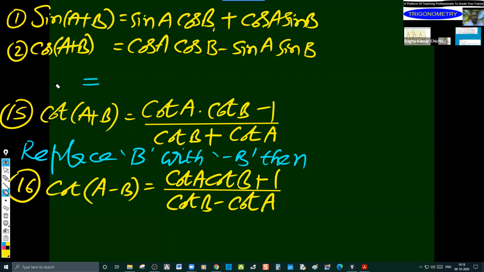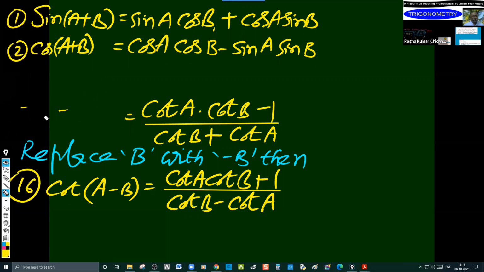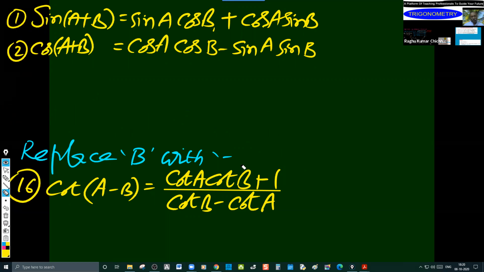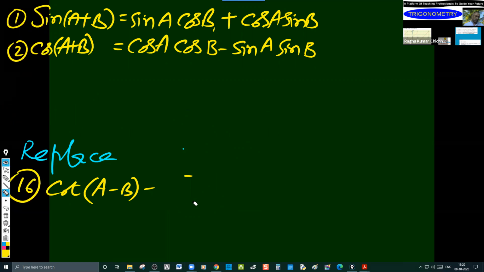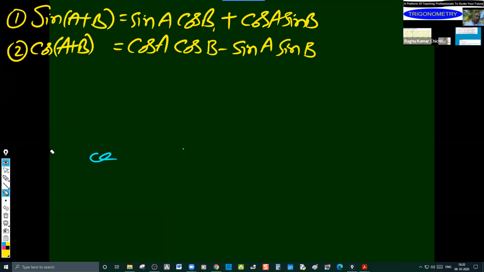Okay. Now we have done with addition, subtraction, and division. Now the remaining is the multiplication. For the multiplication, you must know the 3 and 4 formulae also.